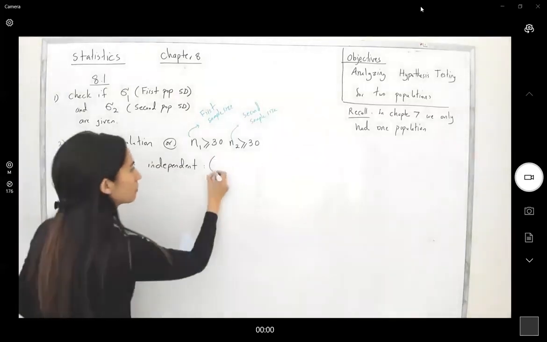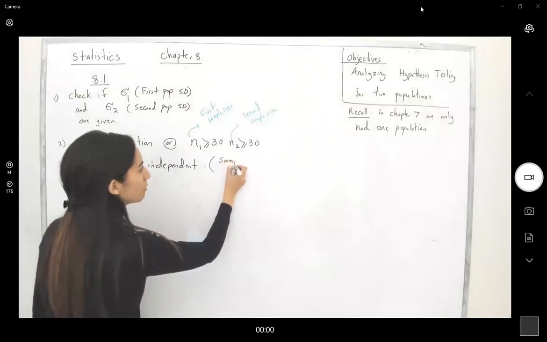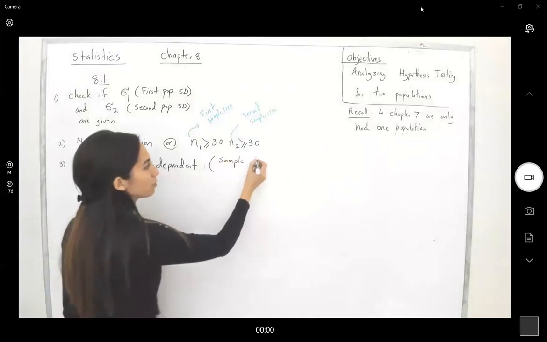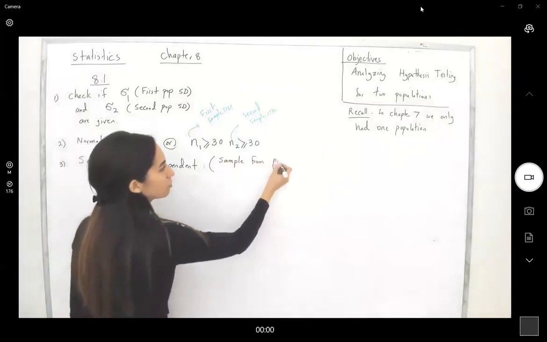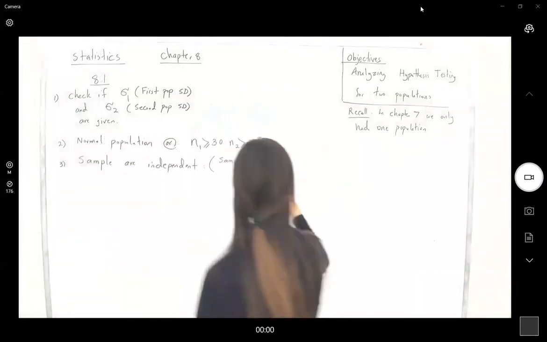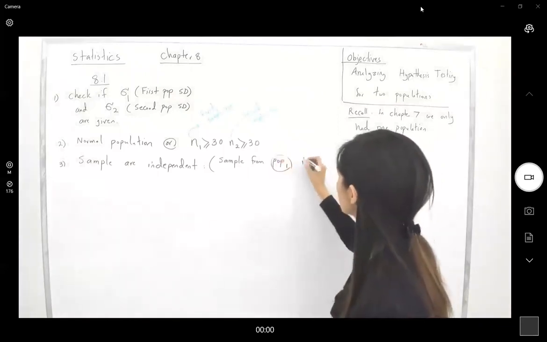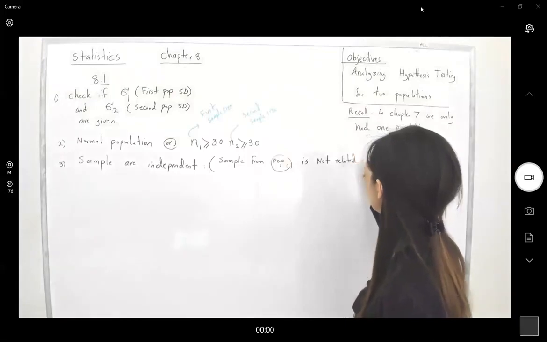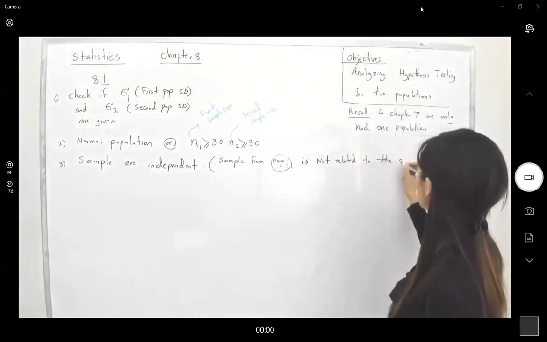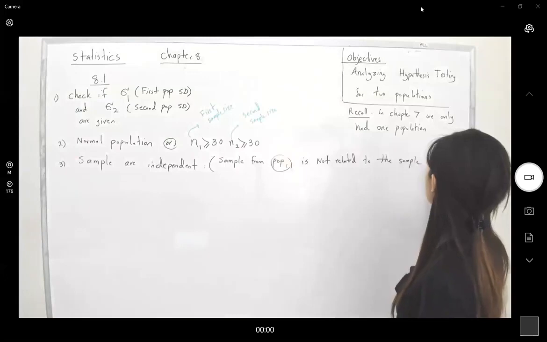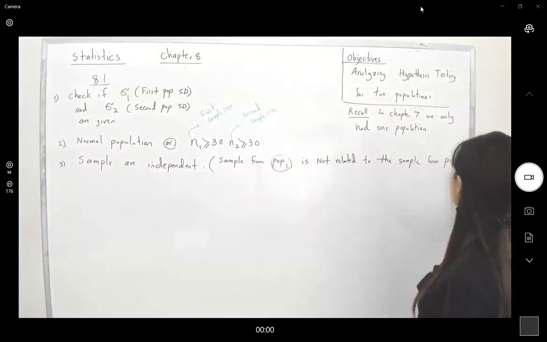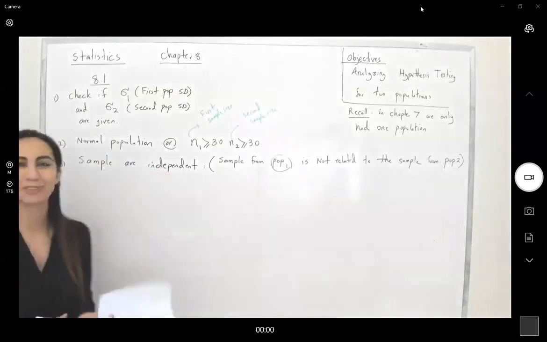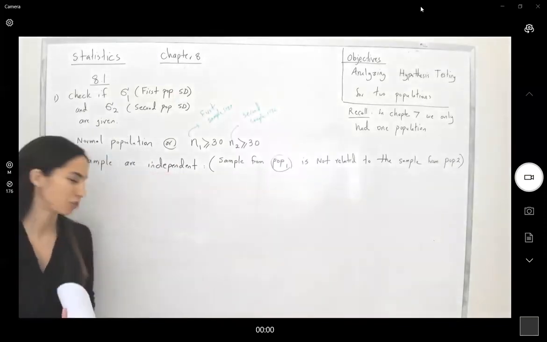So the sample from population number 1 is not related to the sample from population number 2. So samples are independent from each other.